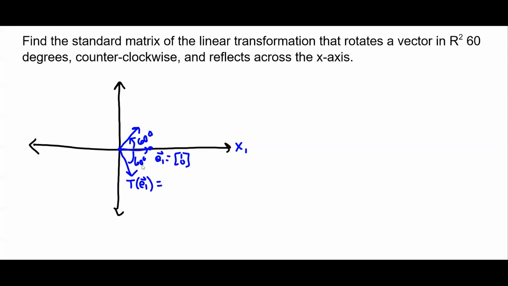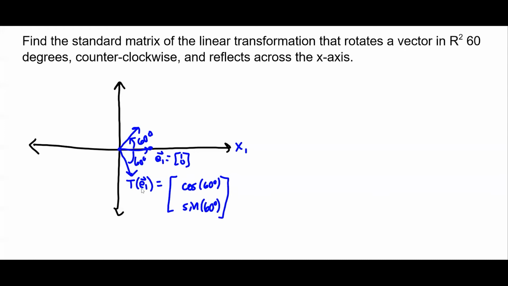And we're sitting on the unit circle because E1 has a length of 1. And we're just rotating and reflecting, so we're not changing the size of the vector. So this vector is also sitting on the unit circle, and we know that it's at 60 degrees. So this is going to be cosine of 60 degrees, sine of 60 degrees.